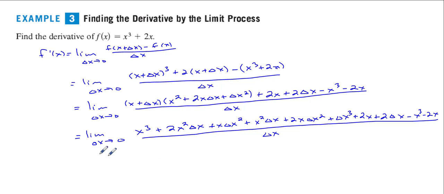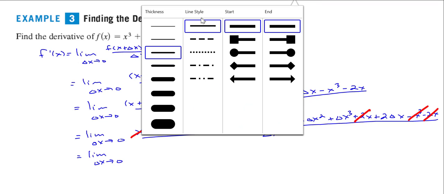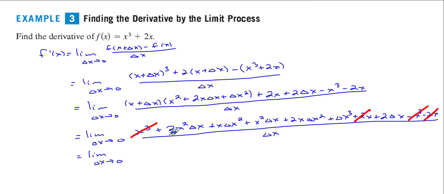Now combine like terms. Alright, looks like for x cubes, I'm just going to go down the row here. Change colors for fun. x cubed, right? 2x, negative 2x. How about 2x squared delta x?